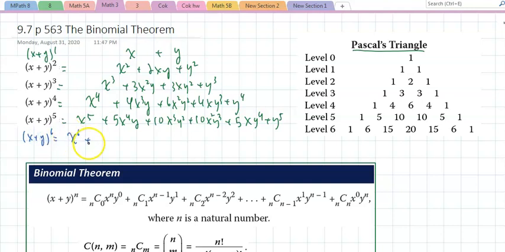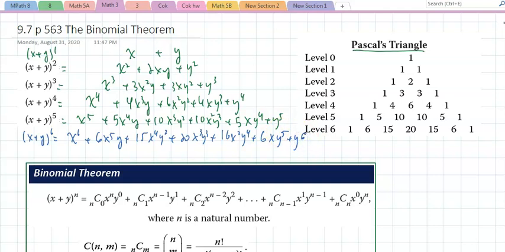X to the sixth plus 6x to the fifth y plus 15x to the fourth y squared plus 20x cubed y cubed plus 15x squared y to the fourth plus 6xy to the fifth plus y to the sixth.